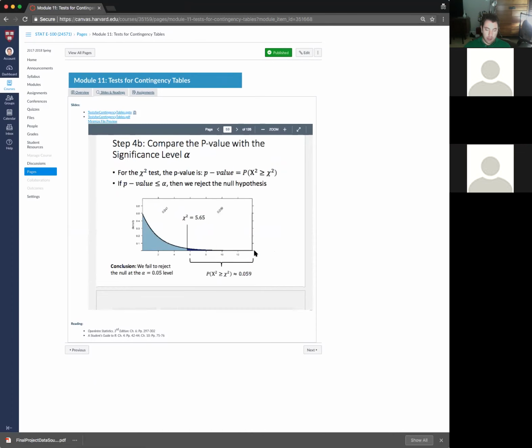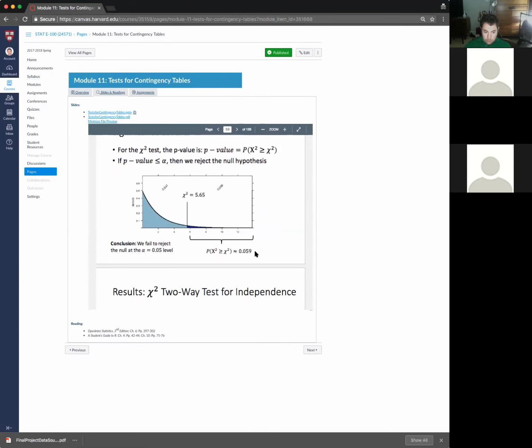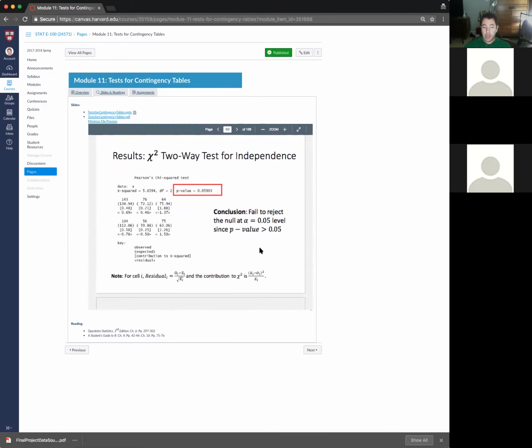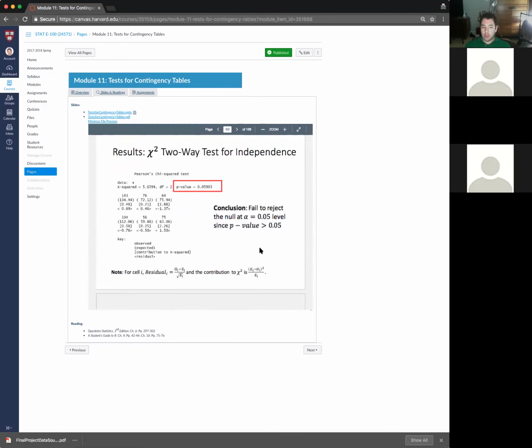So this means that we conclude with the null hypothesis, which says that religion and gender are independent, which makes sense because whether you're male or female should not have any relationship on what religious affiliation you are.